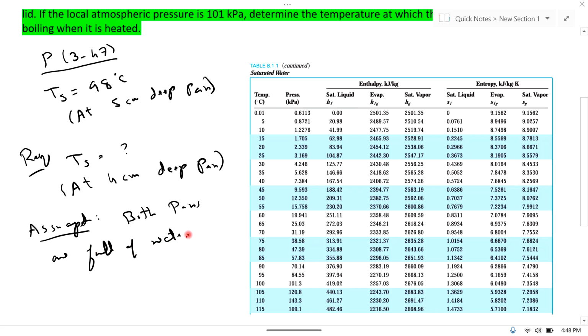So here we need to find the saturation or boiling temperature at 40 centimeter. 5 centimeter is equal to 5 divided by 100, 0.05 meter, and 40 centimeter is equal to 0.4 meter. So we have to find the boiling temperature or saturation temperature for a pan whose depth is 0.4 meter.